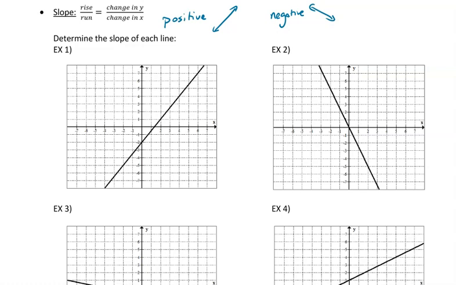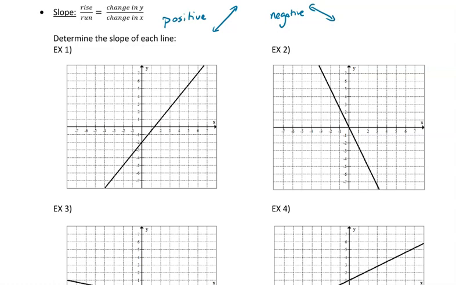Okay. So first off, we're just going to be looking at some graphs and seeing what the slope actually is. If we look at example 1, we have a line on there, and the first thing we're going to do is pick any 2 points on this line, right?